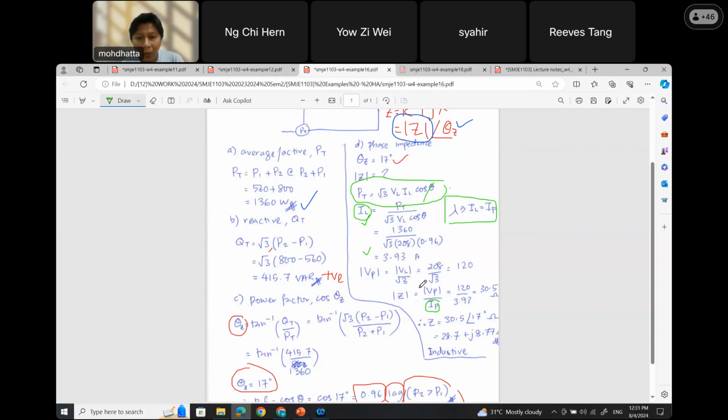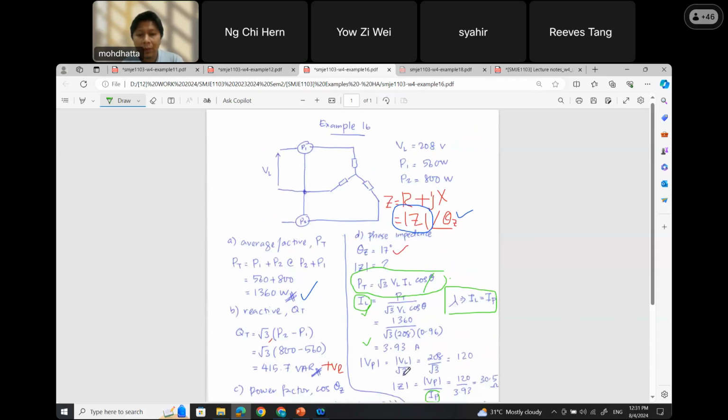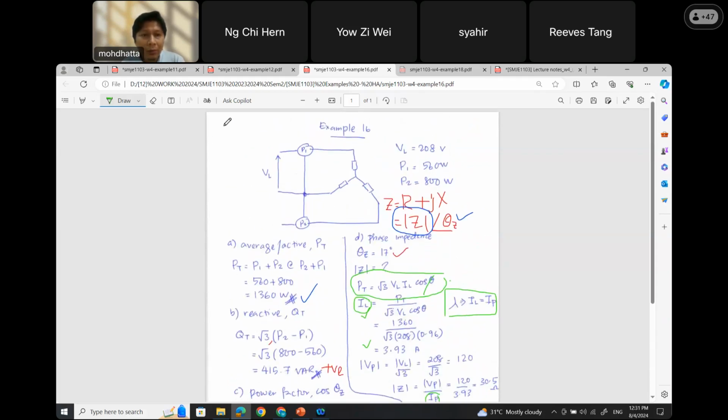Before getting into the value of our impedance, you cannot calculate your impedance based on the line quantities. For example, you might try to use Z equals V line divided by I line. This is wrong.